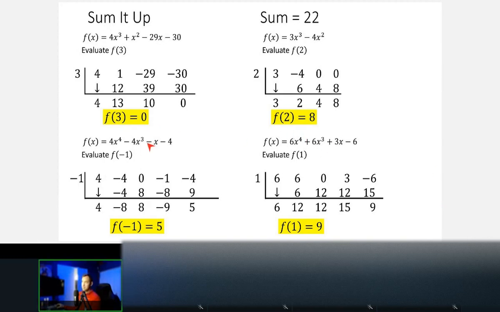But it's another tool in your toolbox, and if you like doing it this way to evaluate a function, there you go. If you like to just plug and chug, tried and true method, do it that way. Either way is fine.